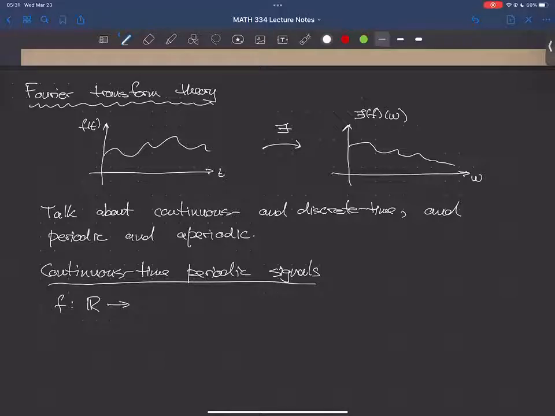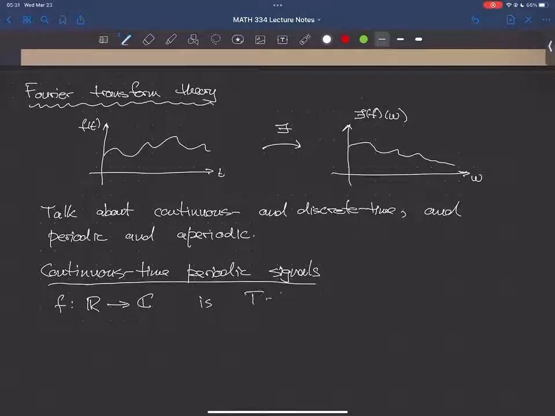When talking about Fourier transform theory, it's easiest to talk about complex signals. So we're going to switch from thinking about f being real or complex to being signals taking values in the complex numbers, and we'll see the reasons why that is.